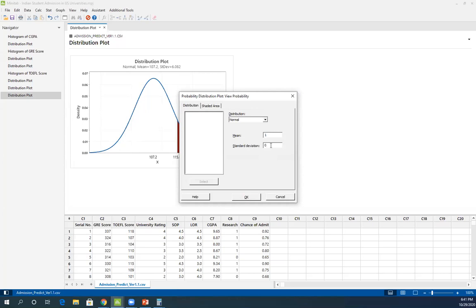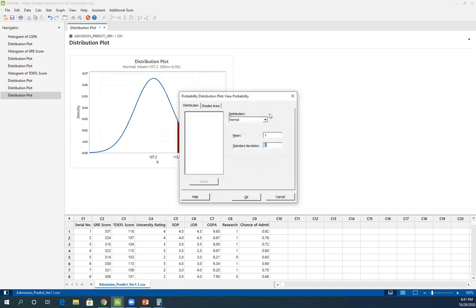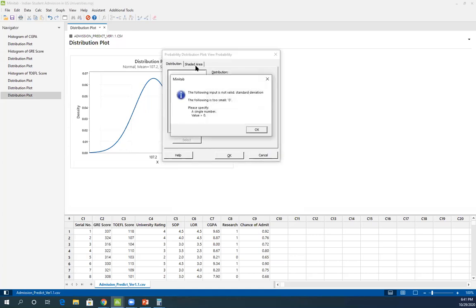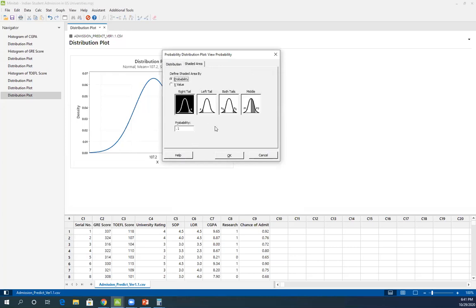The standard deviation is 1, and the mean is always 0. Now I want 95%, or 0.9 first. So this is for 90%.